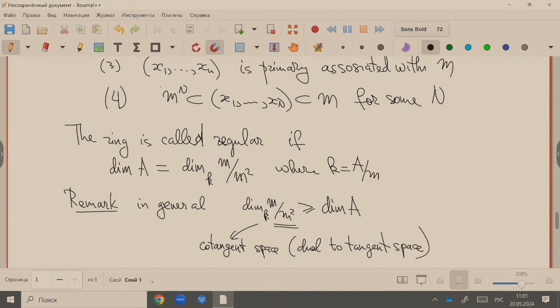And if you try to calculate it, in algebraic geometry it is just the set of tangent lines to the point.